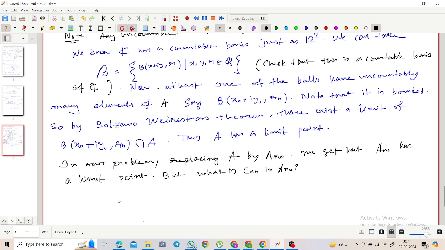We know that. What is c n naught? c n naught is nothing but f to the n naught of z naught by n naught factorial, right? That should be the coefficient of the power series expansion.